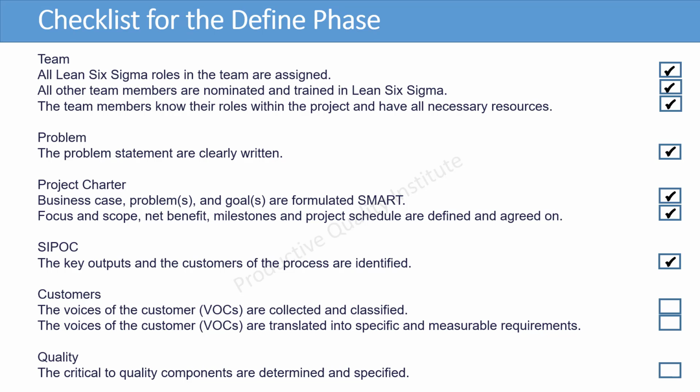For customers, the voices of the customer, VOCs, are collected and classified. The VOCs are translated into specific and measurable requirements. For quality, the critical to quality components are determined and specified.